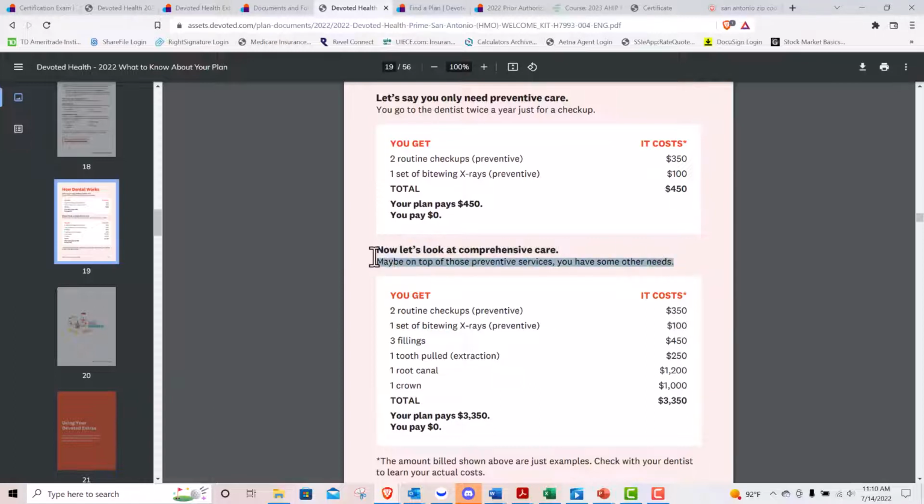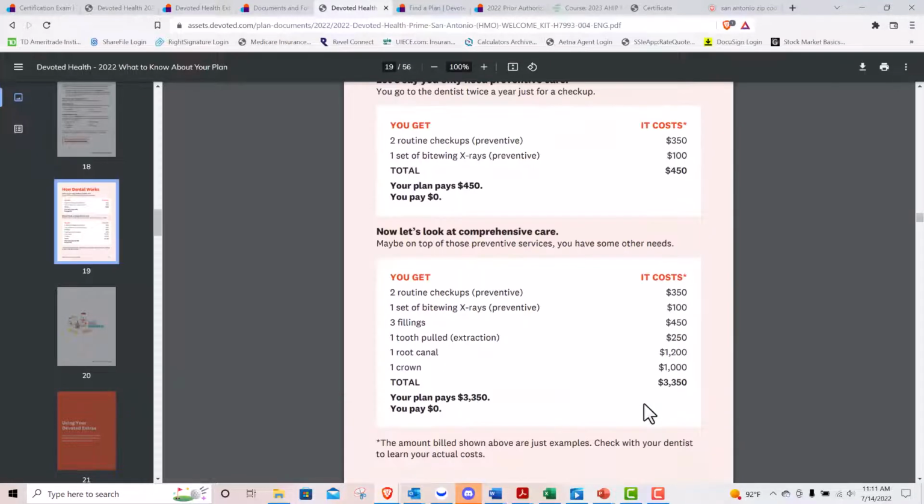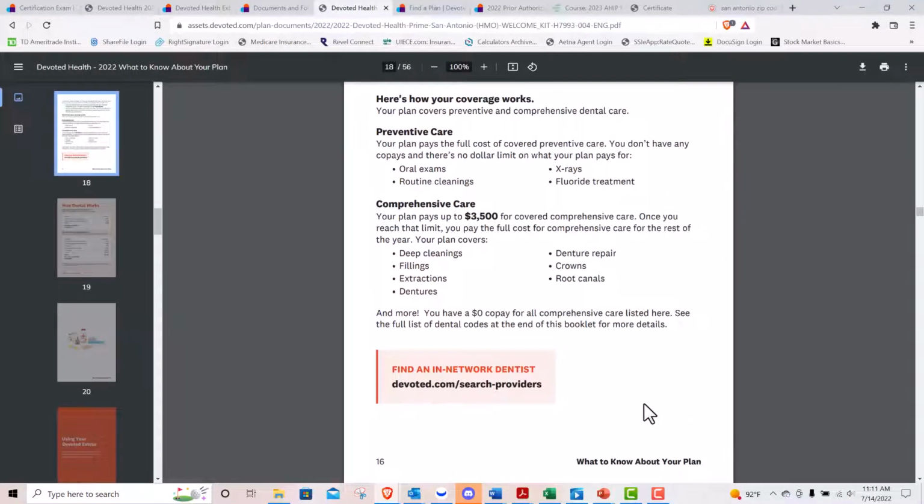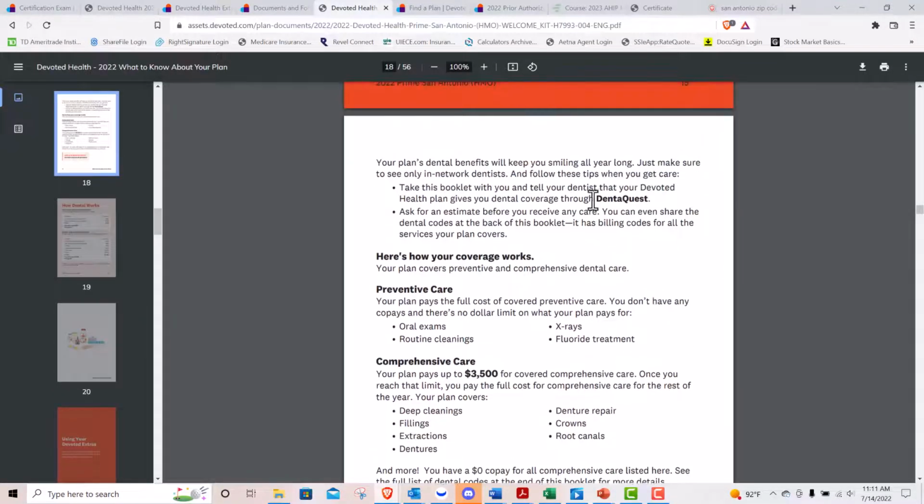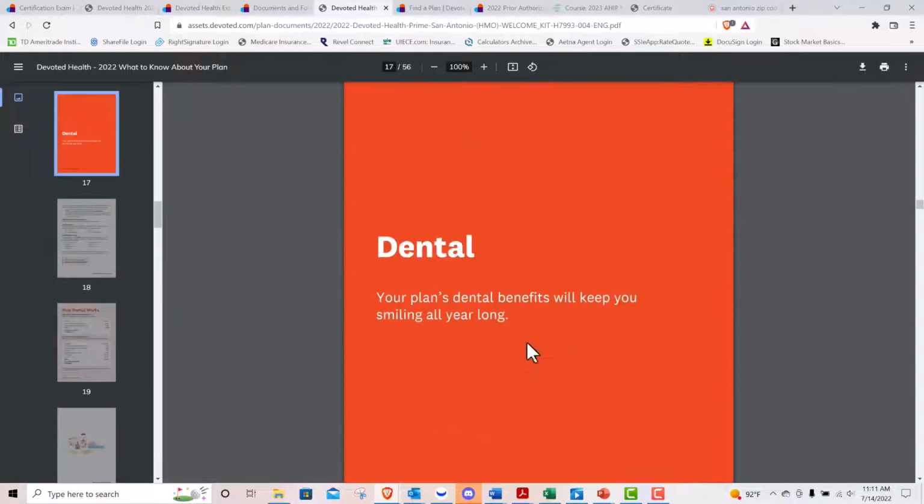There's no 50% coinsurance. It's one root canal, one crown is 100% covered. That is quite amazing. That's the way that it's going to work. Unfortunately, they don't tell you what the codes are. Not in this one.